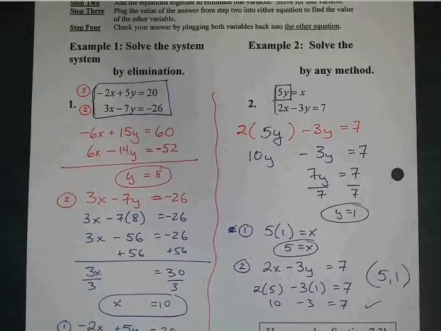Elimination, very useful. Substitution, also useful. You've got to know when to use them. That's the key. When it's standard form, use elimination. When it's y equals or x equals, use substitution. How often do you think you're going to do graphing, honestly? Very little.